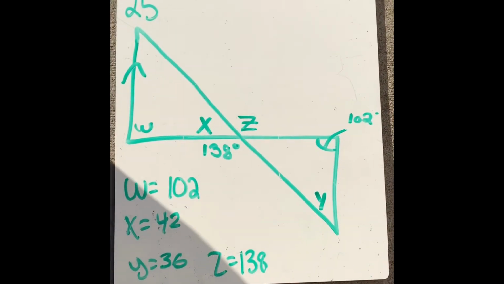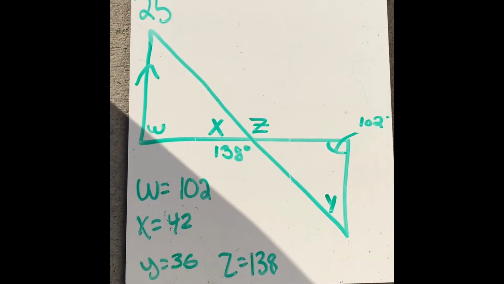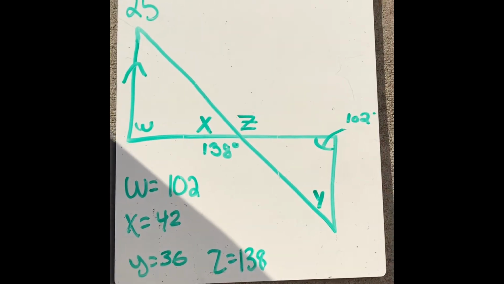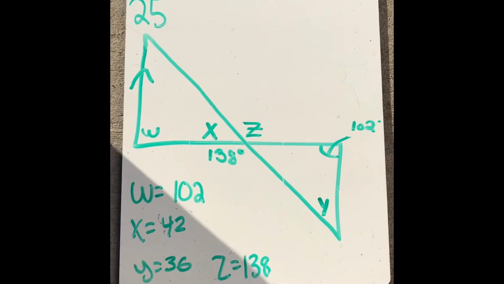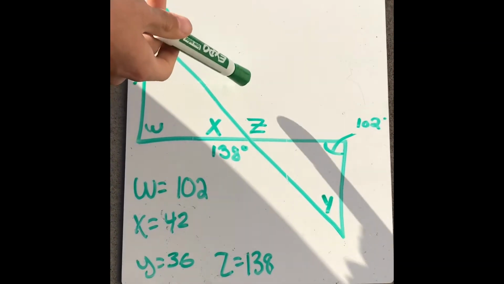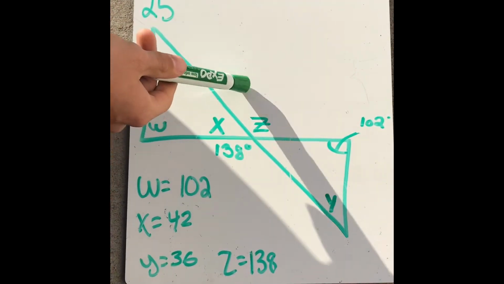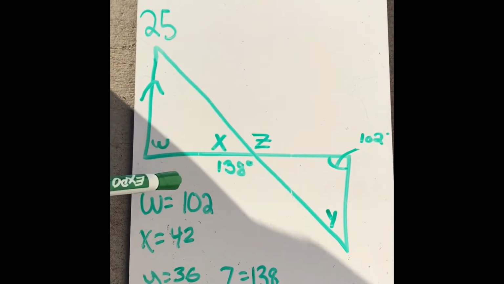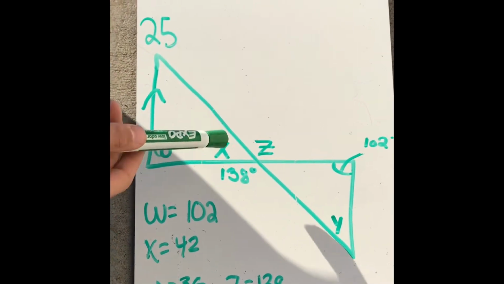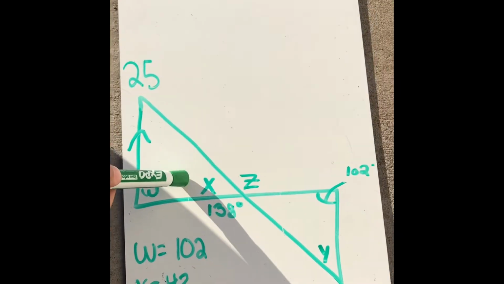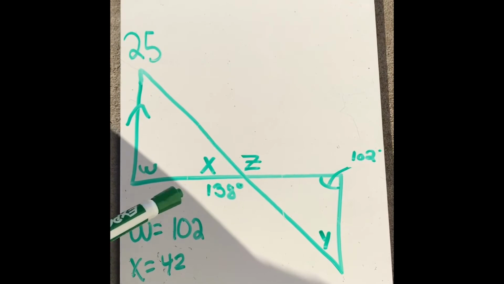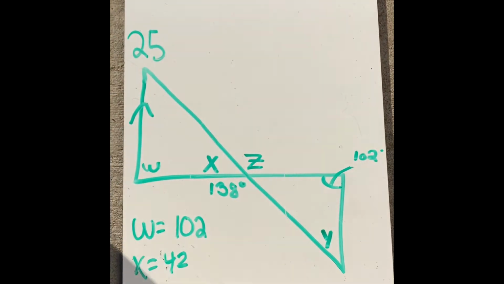For number 25, we got w equals 102, x equals 42, y equals 36, and z equals 138. We got z equals 138 because these are opposites, so they're equal. And then we got x equals 42 by solving, because adding them up to 180, we got 42 for x.